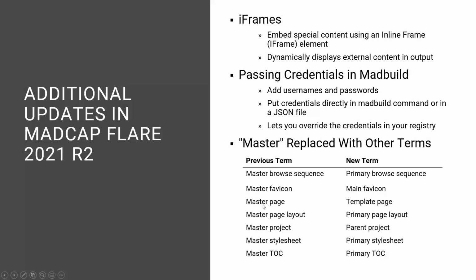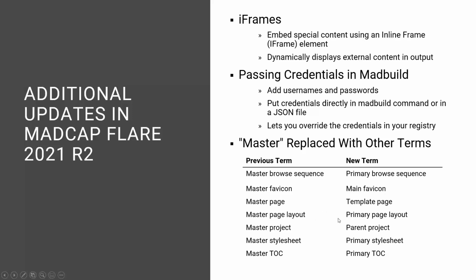Probably the biggest one: what you used to call a master page, your custom headers and custom footers for your HTML5 outputs, is now known as a template page. So if last week you added a new master page to your project, then you upgraded to R2 Flare 2021, and now next week you want to do it again, you now need to add a template page to your Flare project.